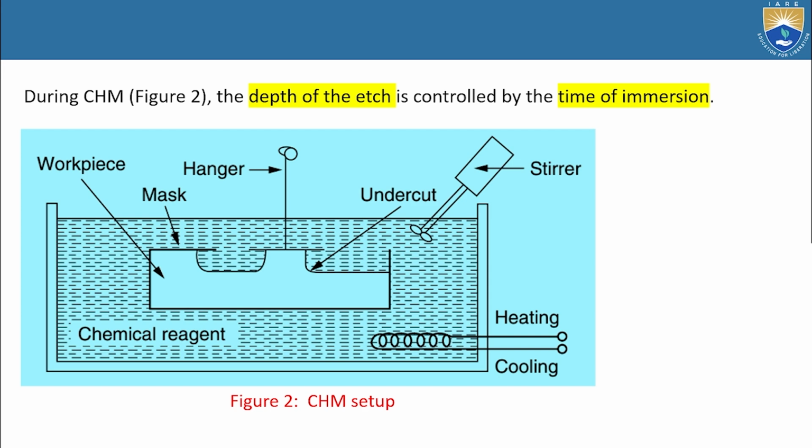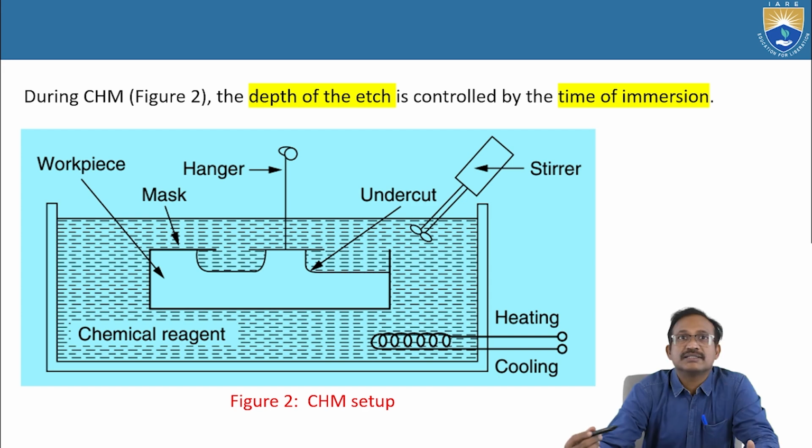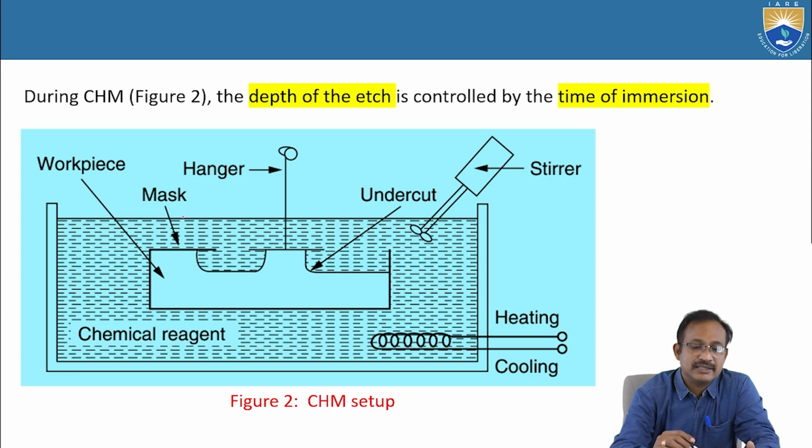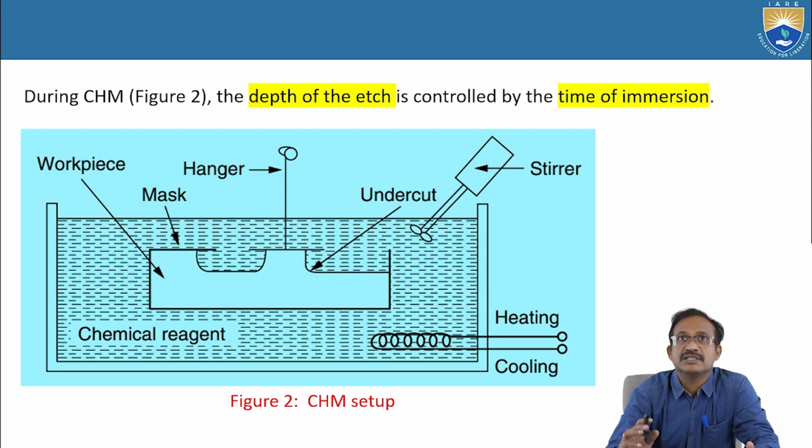Now let us look at this figure. This is the chemical reagent, and here is the heating and cooling setup with coil, this is the hanger, this is the mask, and this is the stirrer to stir the solution. So this is the chemical milling setup.